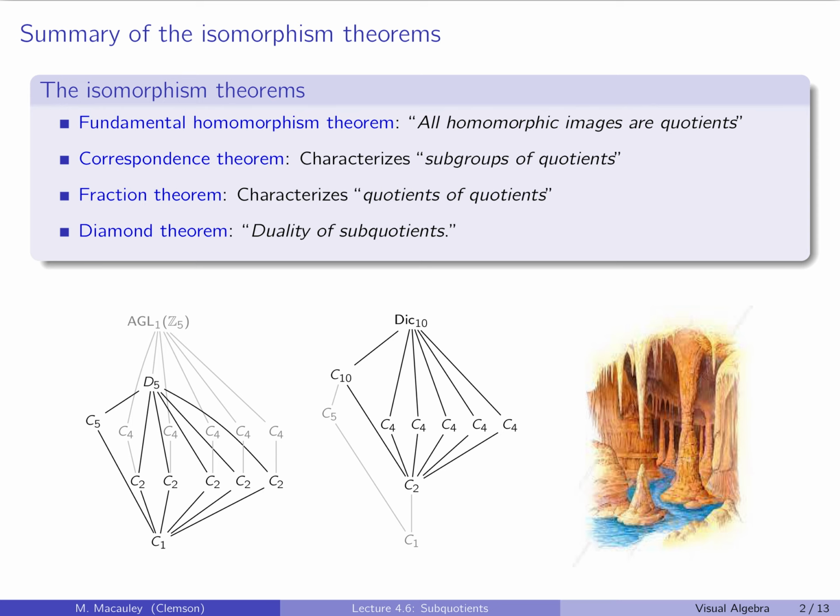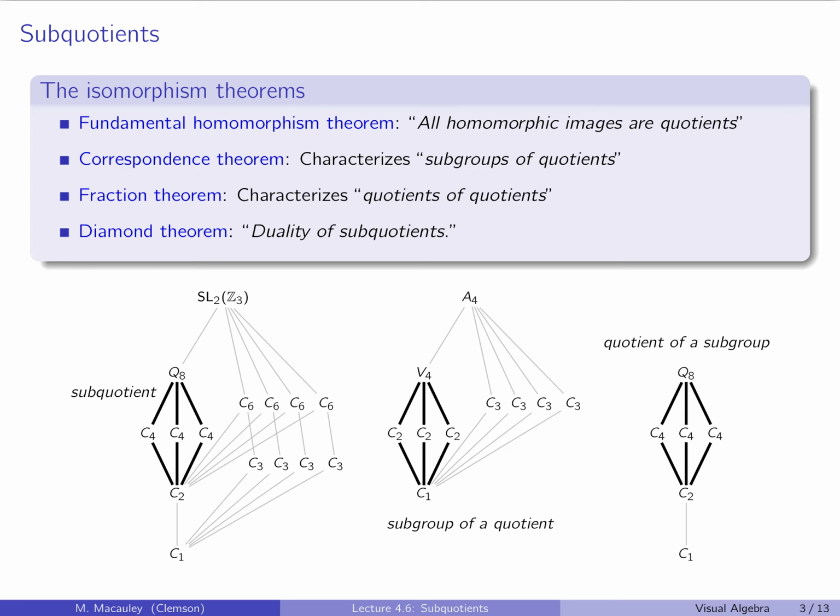Now, what does that mean? Let's start by reminding ourselves what a subquotient is, and I will use a familiar example, SL2Z3. Recall that in the previous lecture, we did an application of the correspondence theorem, or just a different interpretation of what it really means. We said that if we take this group and we take the quotient right here, we get A4, then this subgroup of the quotient is the same as a quotient of a subgroup.